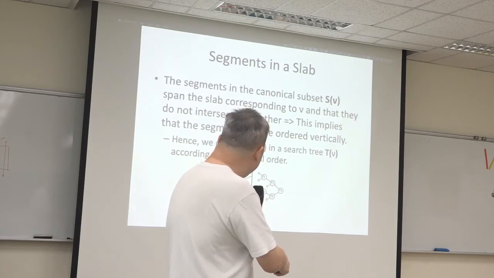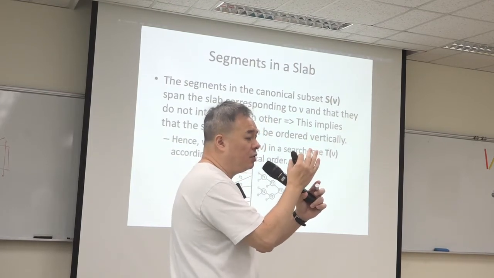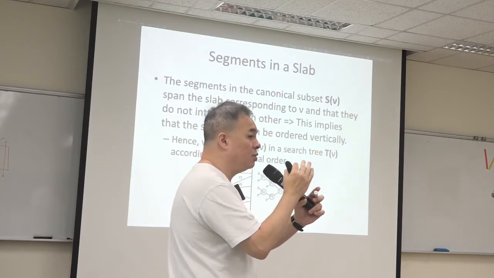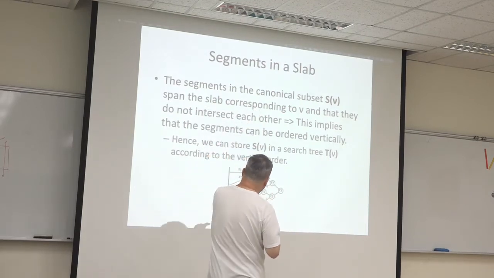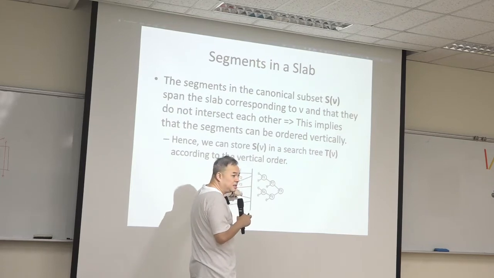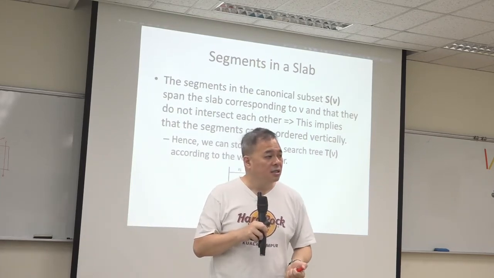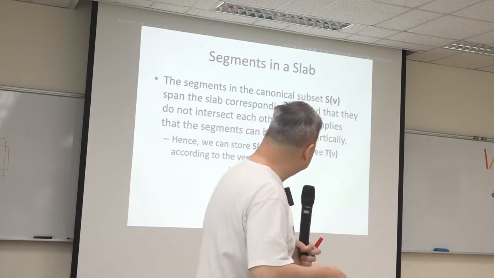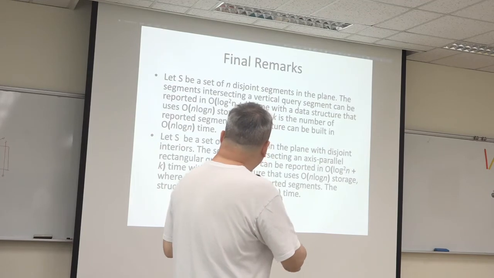And then you need another log n to find which segments will be intersecting with that, because you need to search on the 2 endpoints. Yeah, that's another range query. Yes.